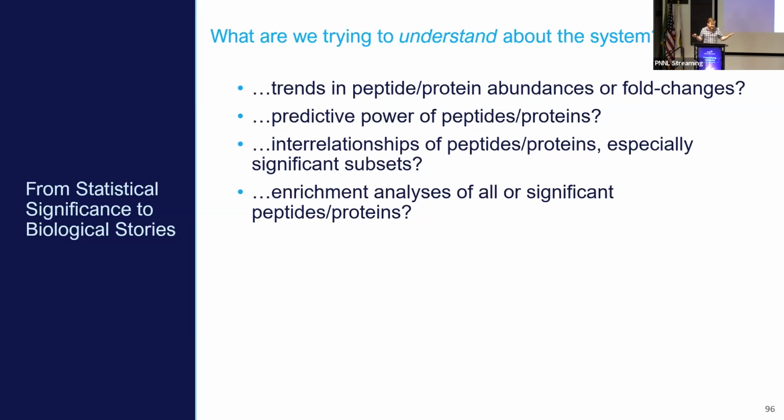Or maybe you don't even care about the differences in the groups. You just want to see some dimension reduction and see if you can identify patterns in between each of your samples. Maybe instead, too, you're more interested in the interrelationships of peptides or proteins or significant subsets of each of these between groups and within groups. And then enrichment analysis is also something people tend to do with this kind of data.